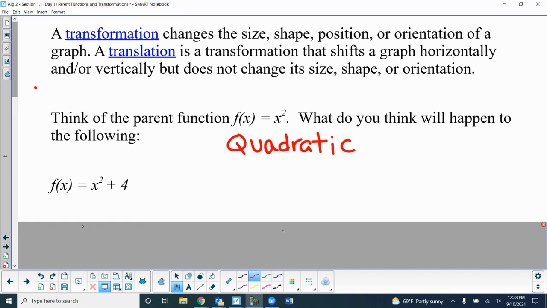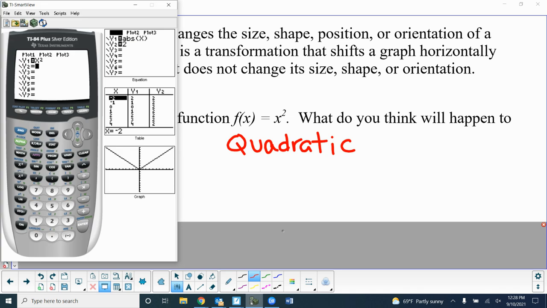And then the other one was x squared plus 4, right? So I want to put that in the other one: x squared plus 4. And then I'm going to hit graph. Here's my parent function, and there's the other one. It moved, like Nathan said, up 4 units.